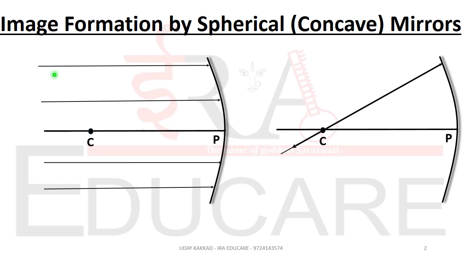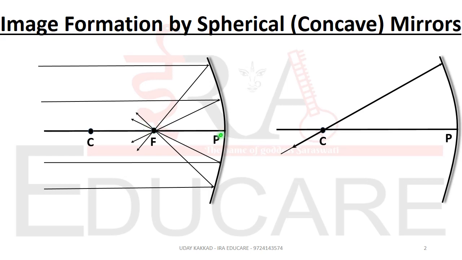So the reflected rays, this is your normal right here, the reflected rays always meet at one point on the principal axis. This point is denoted by F and is called the focus point.